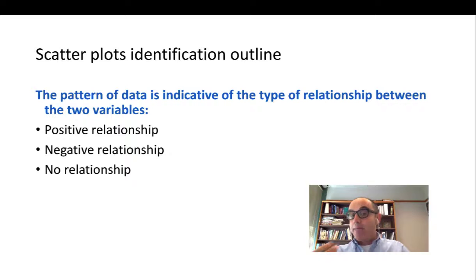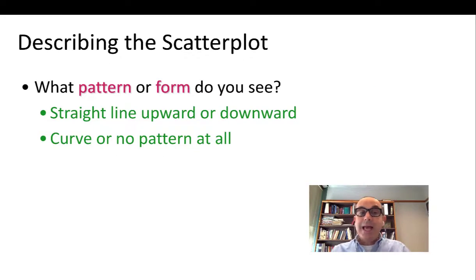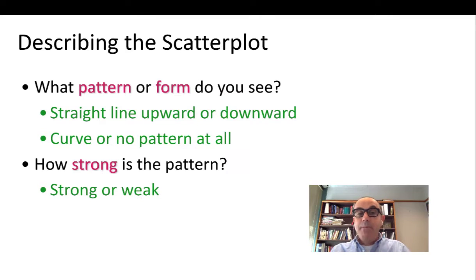There can be a positive relationship or a negative relationship, but there can be a case where there is no relationship at all. So the idea is that we are going to see a straight line that can be upwards or downwards, or no pattern at all. By doing it, we can determine how strong the pattern is that we found in the two variables.